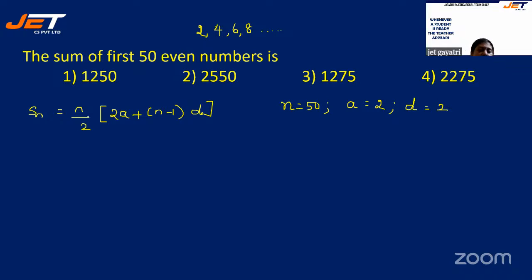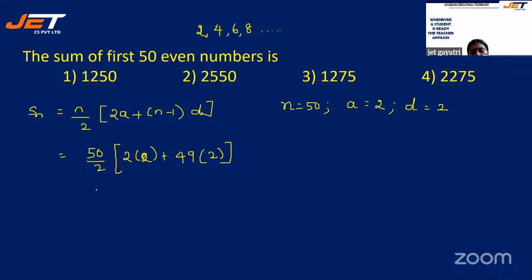Now with this, let us substitute in this sum. What is n? 50 by 2 into 2 into a, which is 2, plus n minus 1, which is 50 minus 1 is 49, into d, which is 2.